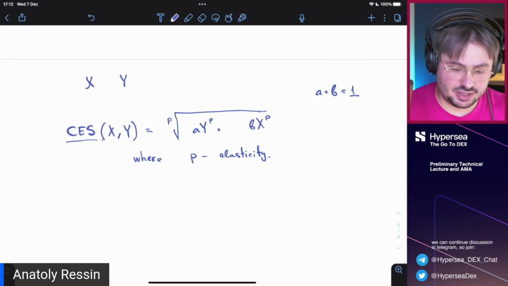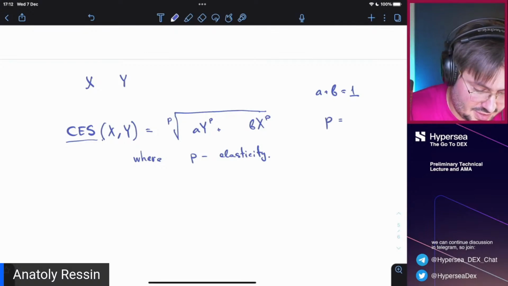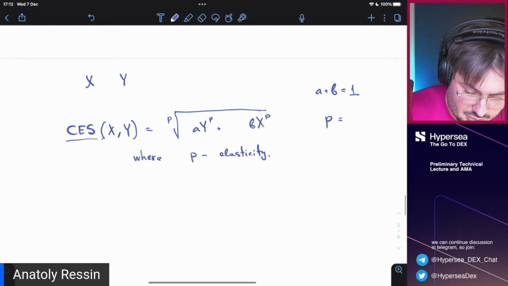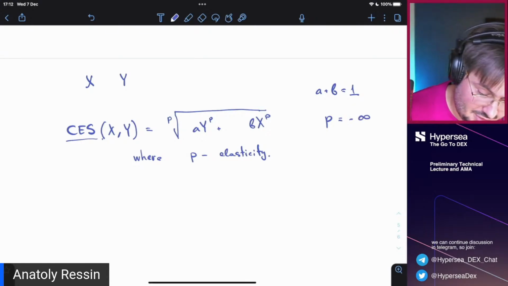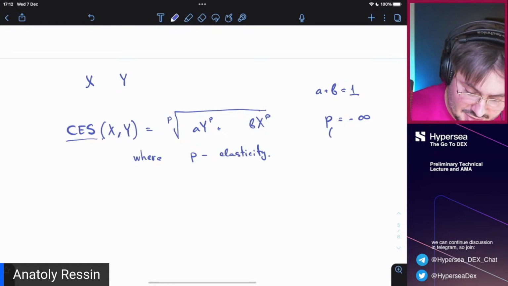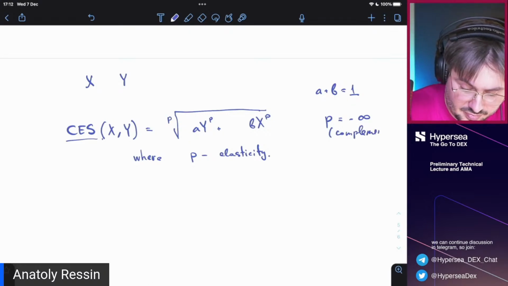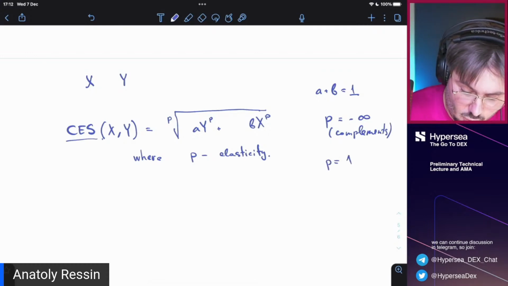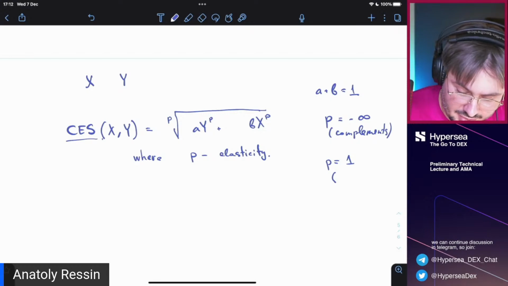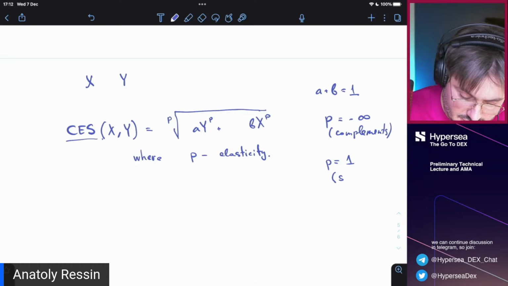But I would say that P in this case can change from minus infinity, which is absolute complements, to P equal to 1, where they are absolute substitutes.